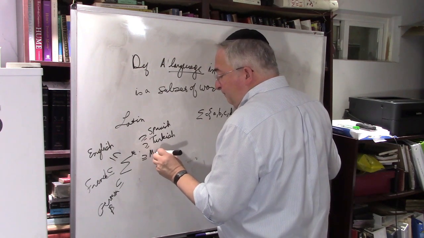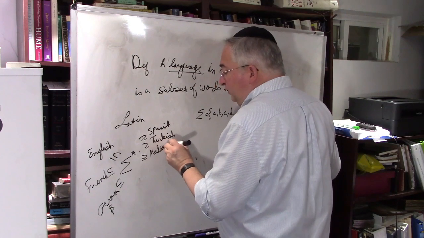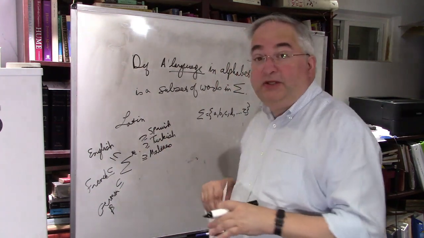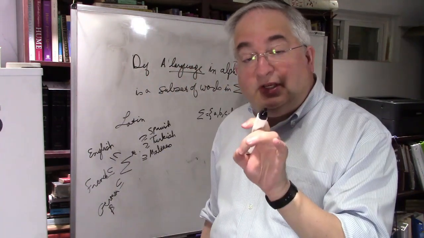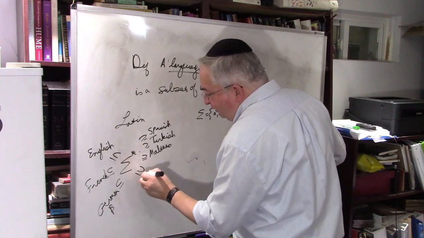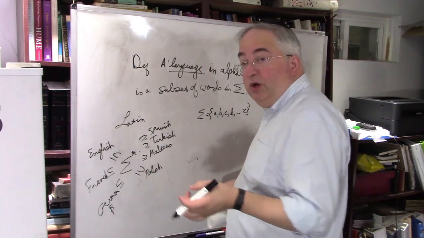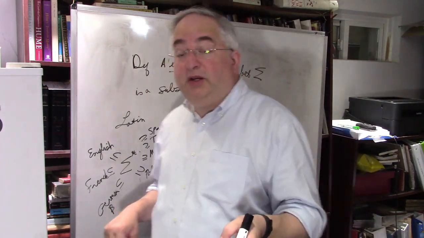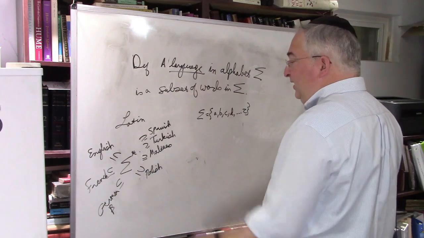There's Maltese. Malta is an island in the Mediterranean. They speak basically Arabic, but the letters they use are Latin letters. And Polish. Polish is a Slavic language, like Russian, Bulgarian, and Ukrainian, but they use Latin letters.